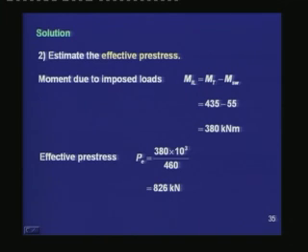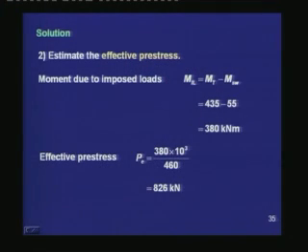Next, we are estimating the effective prestress. Since the self-weight moment is small, the prestress will be more governed by the imposed load moment. We are calculating the moment due to imposed load M_IL equal to the total moment minus the moment due to the self-weight, which is 435 minus 55, equal to 380 kilonewton meters.